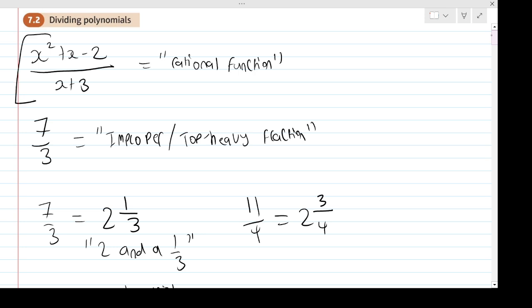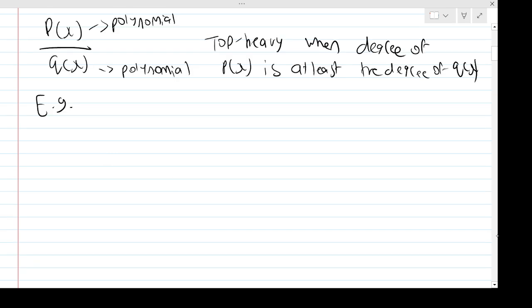This is a top-heavy fraction because we have x squared as the highest power on top, 2. The highest power on the bottom is 1. So 2 is bigger than 1. So that means it's top-heavy, and we will be able to divide, right, simplify it. But we'll look at that in just a moment.